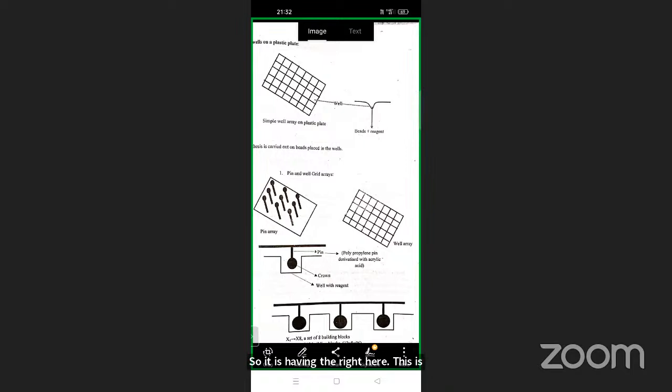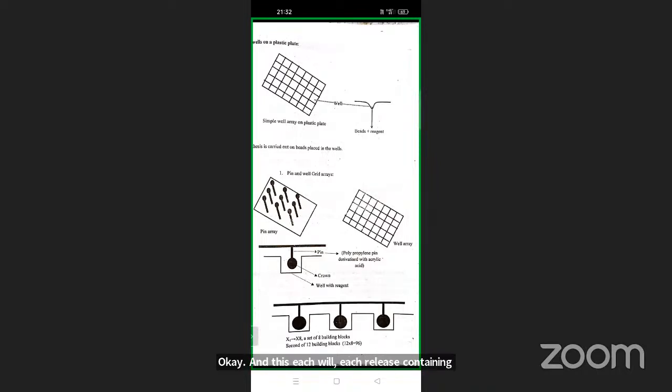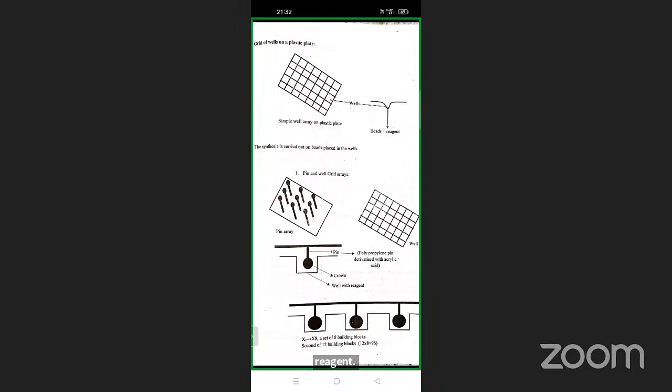You can see the well kind of arrangement here, and each well contains the resin beads and the reagent. Each well contains the resin bead and reagent, so both will be present in the well.